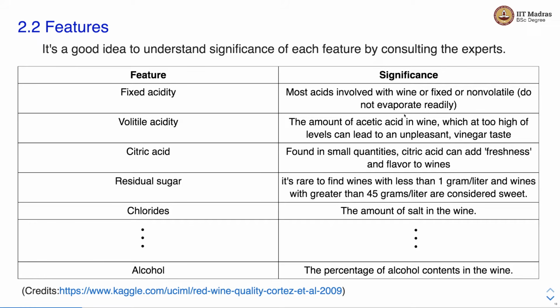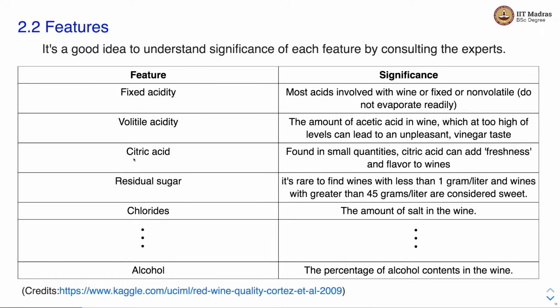These acids do not evaporate readily. The second feature is volatile acidity. It captures the amount of acetic acid in wine, which at too high of a level can lead to unpleasant or vinegar taste in the wine.